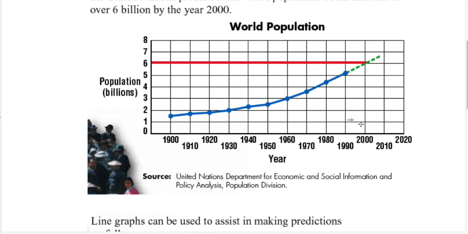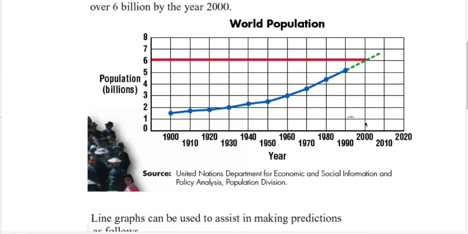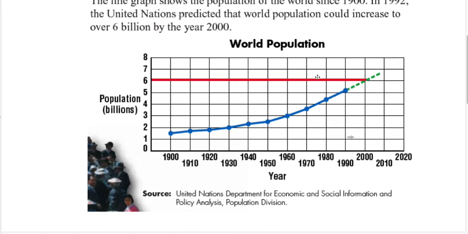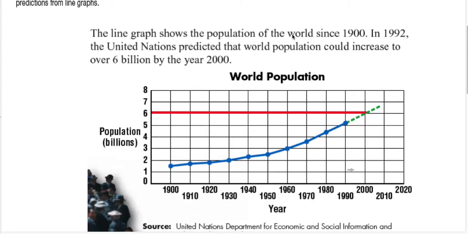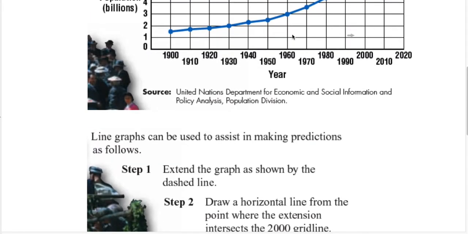And that's how they were able to predict that the world population would increase to 6 billion by the year 2000.